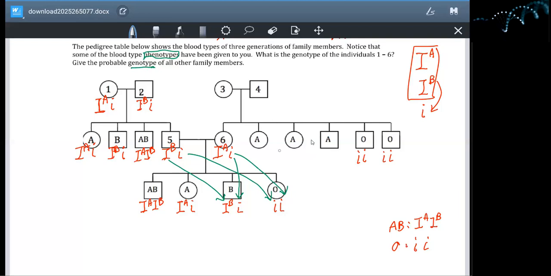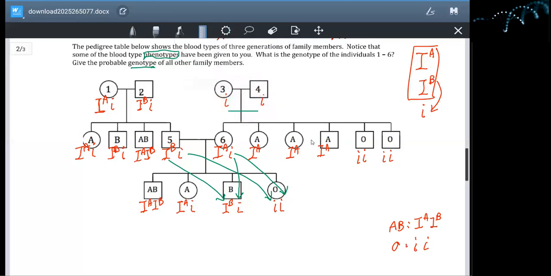Now let's come to this side. How do we solve this side? Well, we know for anybody to be an A blood type group, they have to have a big IA. The question is what's on the other side? And again, let's look at the O. O means both parents must have little i.